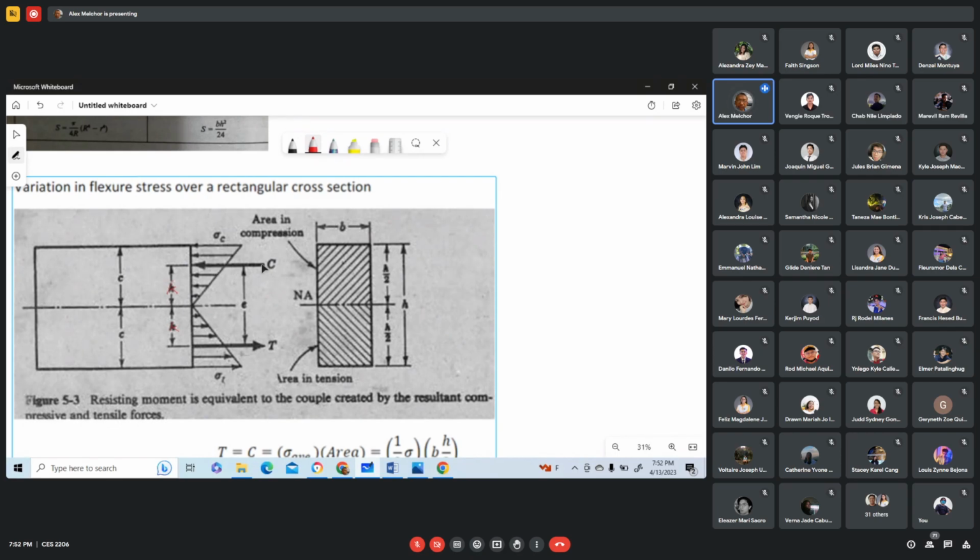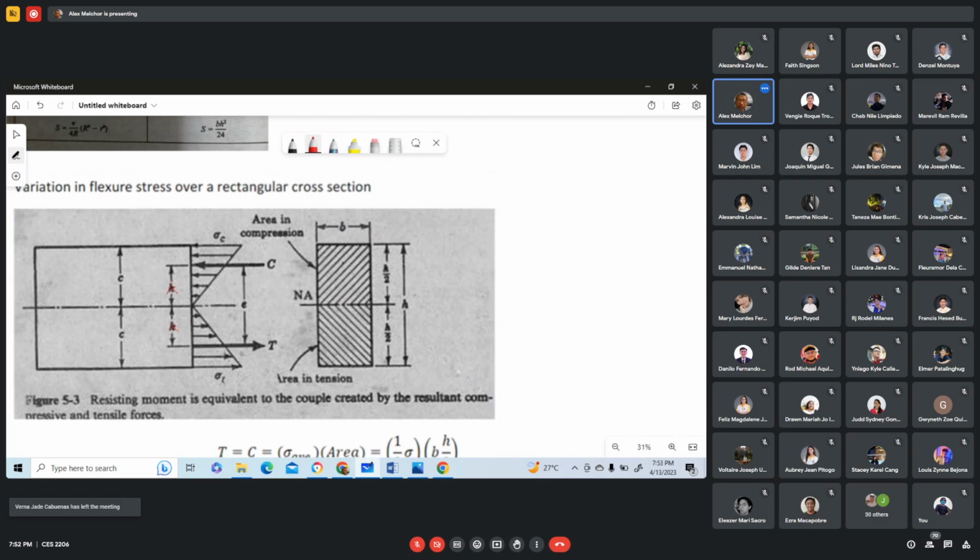So you can solve for C by determining this area of the stress distribution: 1/2 times sigma C multiplied by C, that distance there, where that is h/2, multiplied by B, the dimension perpendicular to this.